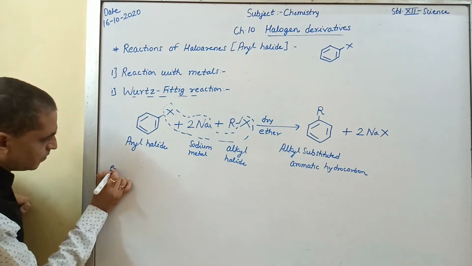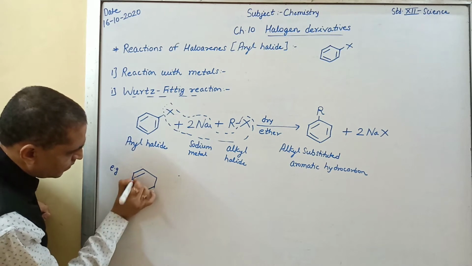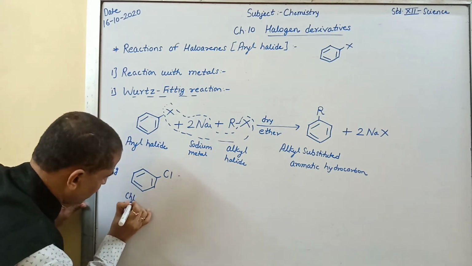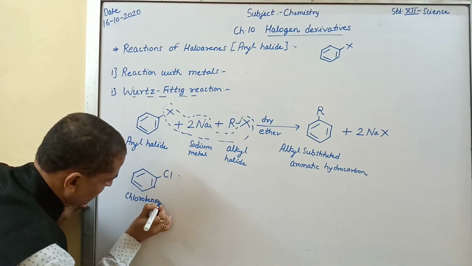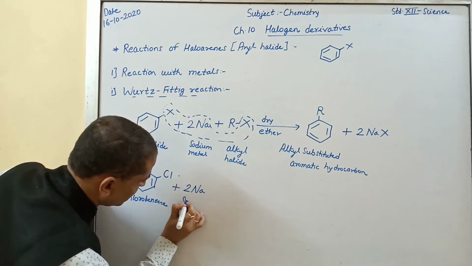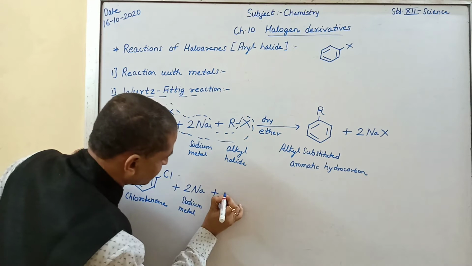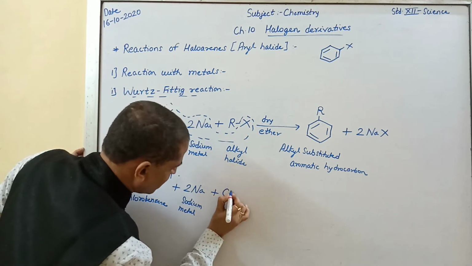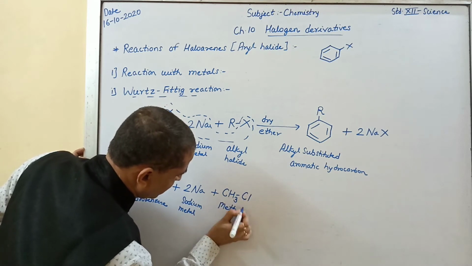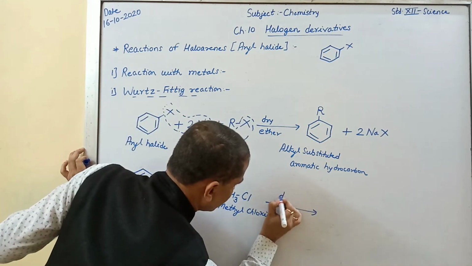Now see the example. We can take chlorobenzene, plus dry sodium metal, plus CH3Cl, that is methyl chloride. This reaction is carried out in presence of dry ether.